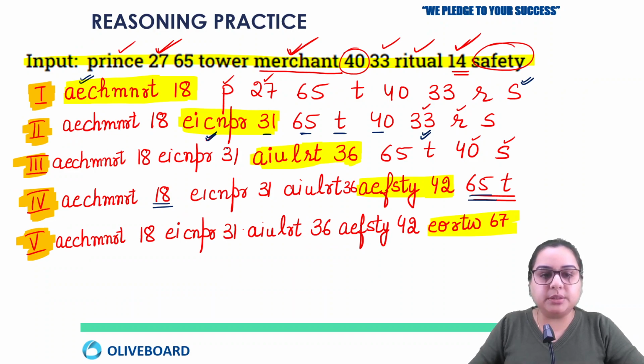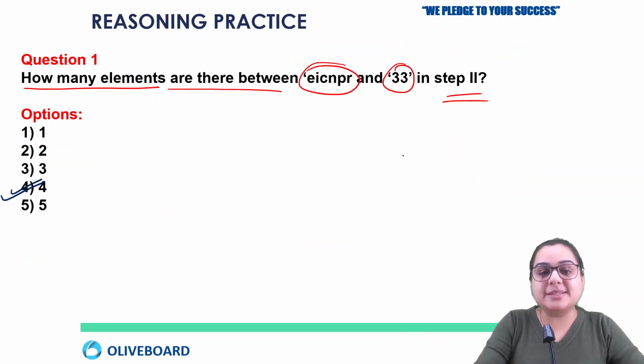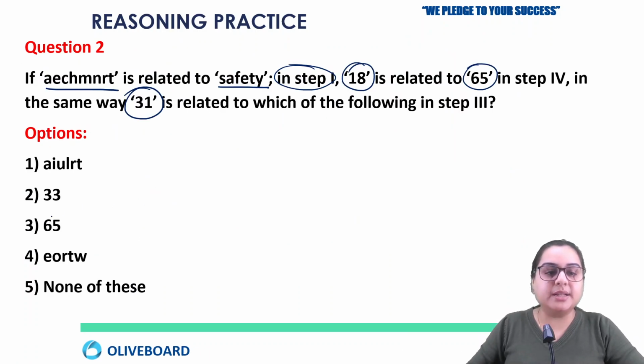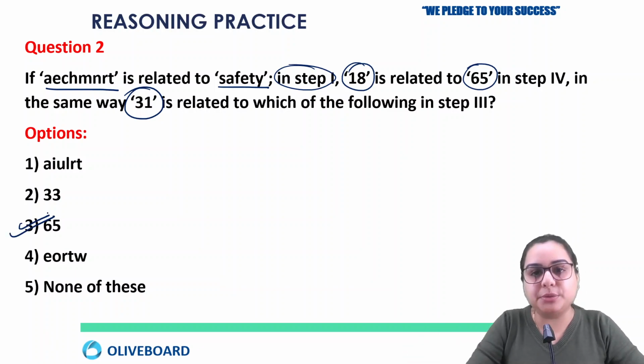So in step number 3, here we have 31. From the ending, the fourth one will be 1, 2, 3, 4. That is 65. And hence the answer here will be option number 3.